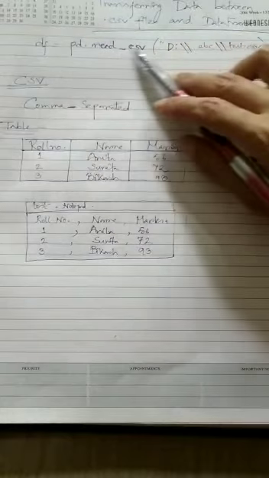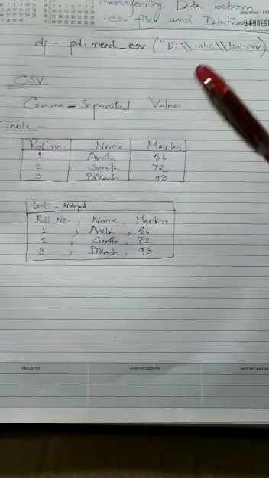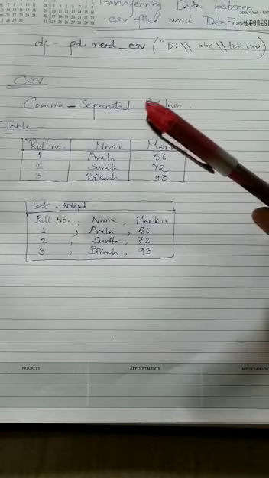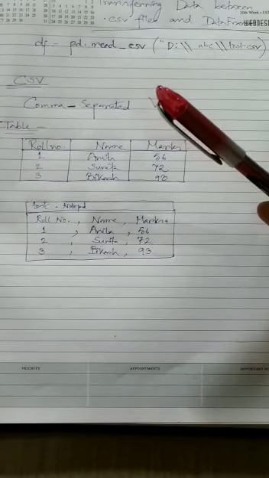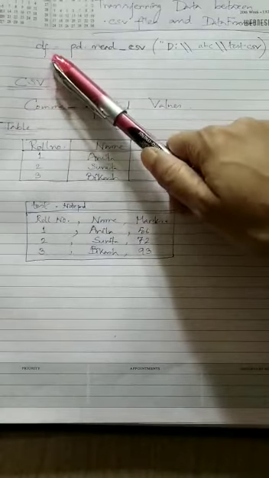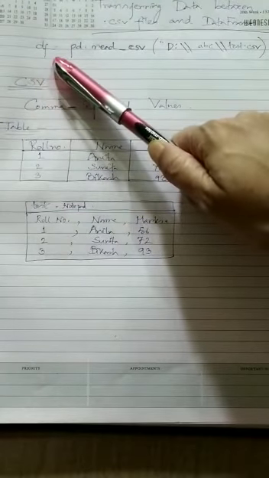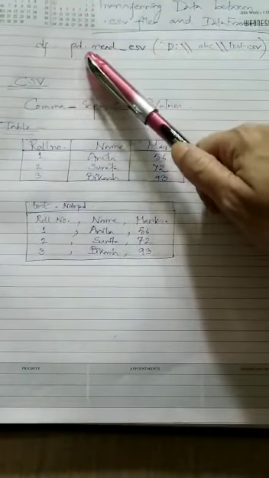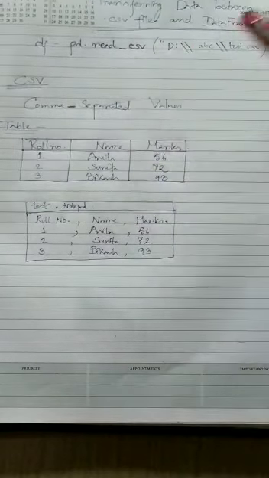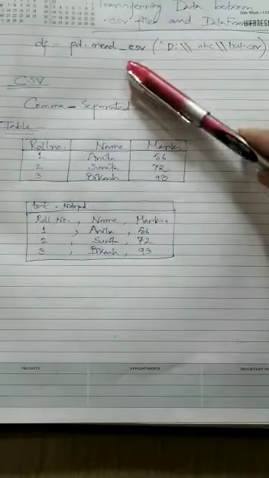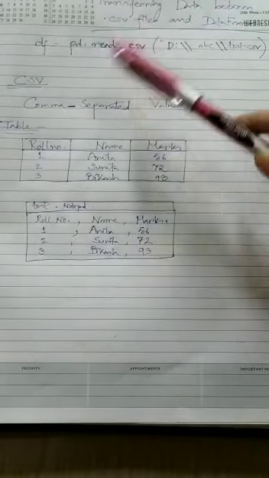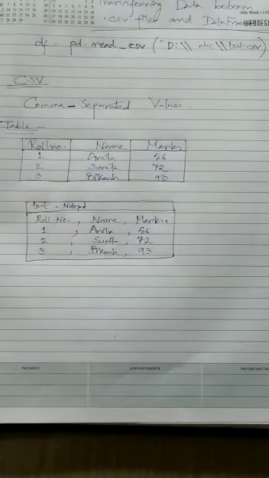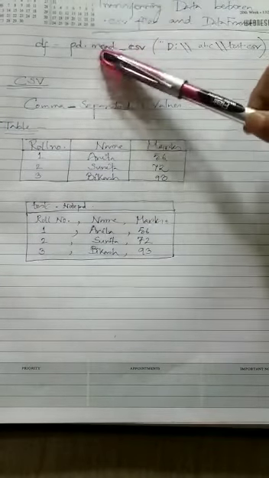Before writing this line of code, you have to import pandas in your program. Import pandas as pd. After that, you write this line. Any data frame name you give, like df, equal to pd.read_csv. This read_csv is the method that will change the CSV file data to a data frame automatically, directly, you need not do anything.